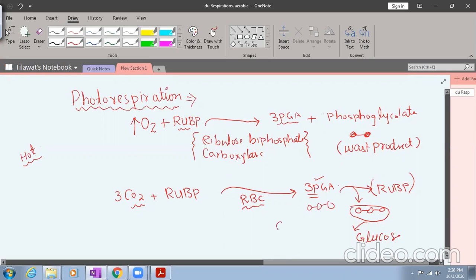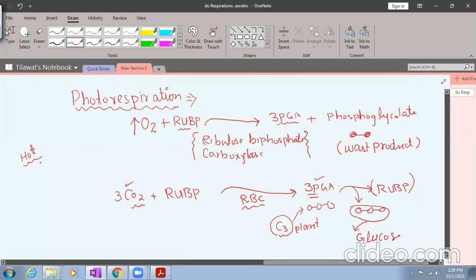This is why these plants are called C3 plants. Normal dark reaction is happening in this plant. Why normal? Because this enzyme has the quality that if carbon dioxide is more, it is fixing carbon dioxide. So it is normally happening like this.